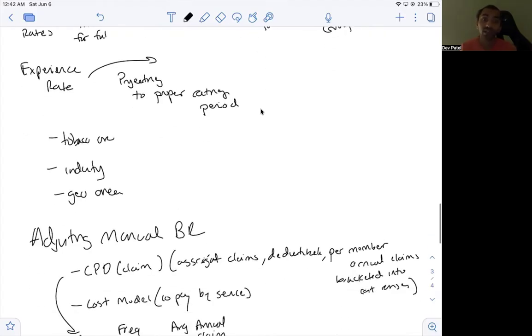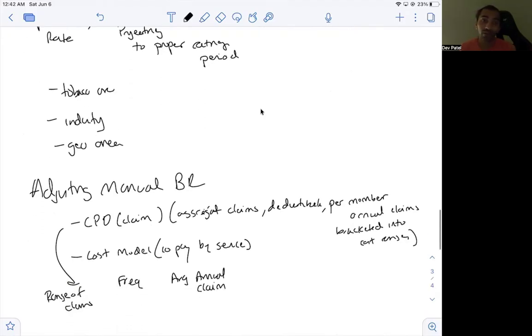So you're adjusting your experience rate from the experience period and then projecting that forward. So you can apply a trend factor depending on inflation, and we have unit cost trend, mix of services, utilization depending on how much services are being used.